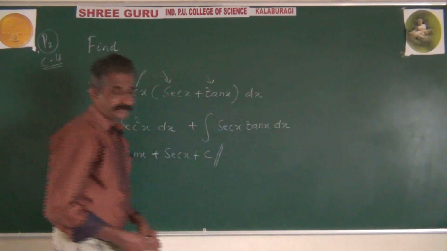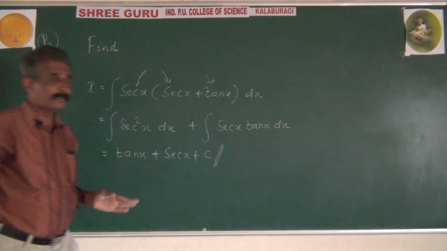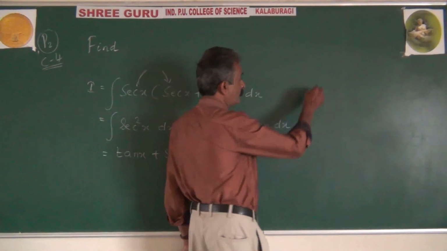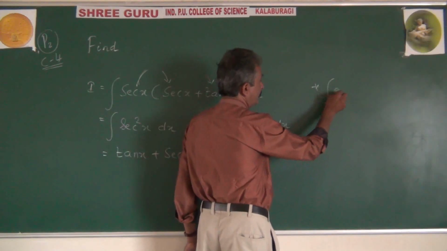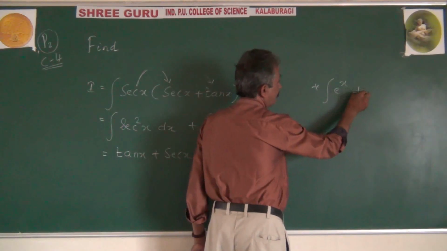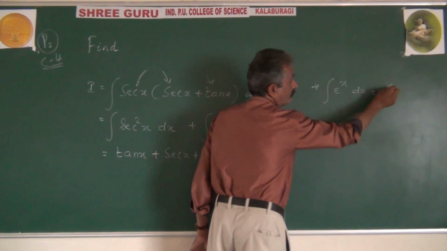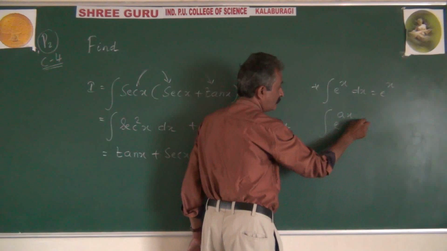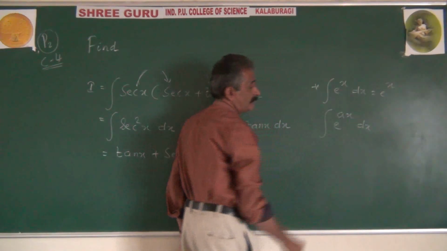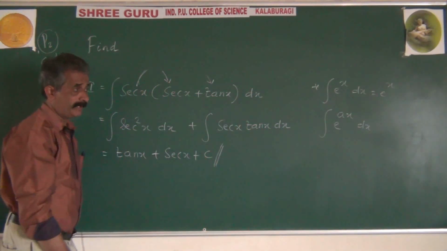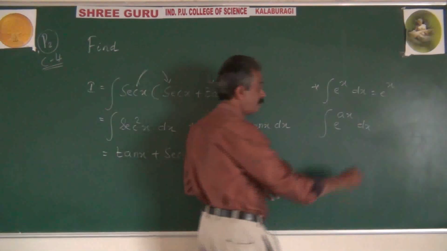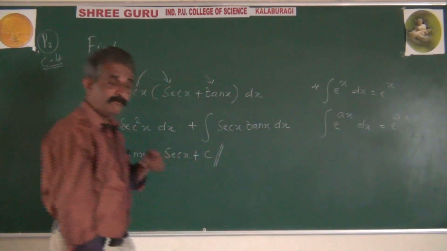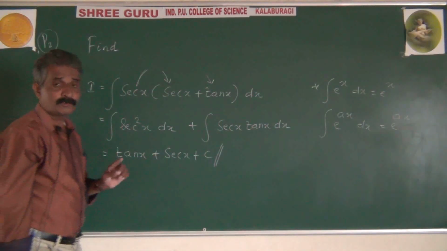Another point to keep in mind, which I told in the last class: in integration you have to divide by the coefficient of x. You can make it in the form of a note. We know that integration of e power x will be e power x, whereas integration of e power ax, keep in mind, in integration the answer will be e power ax, and not only e power ax, you have to think whether we have to divide or multiply.